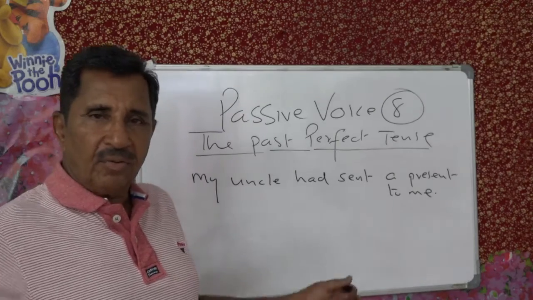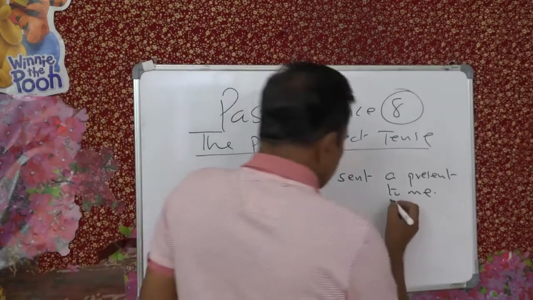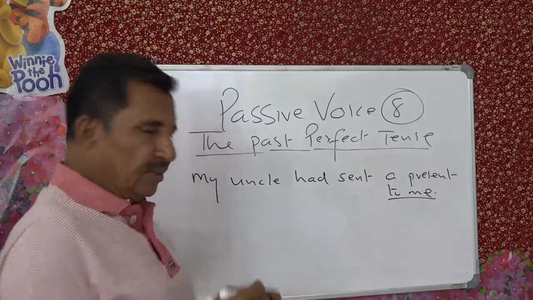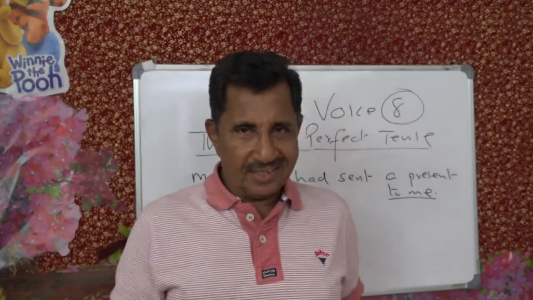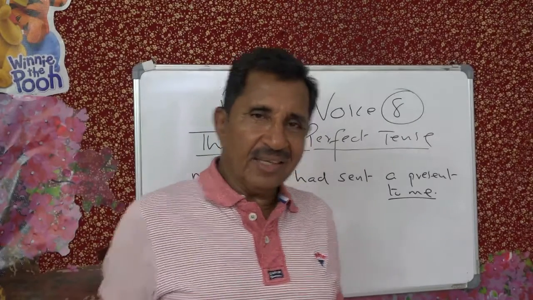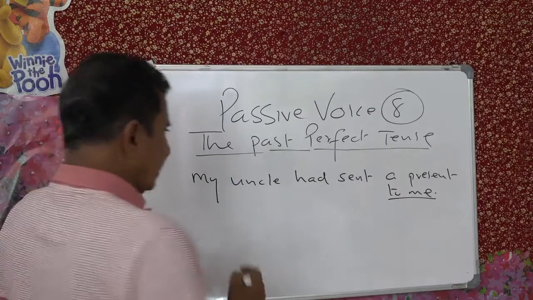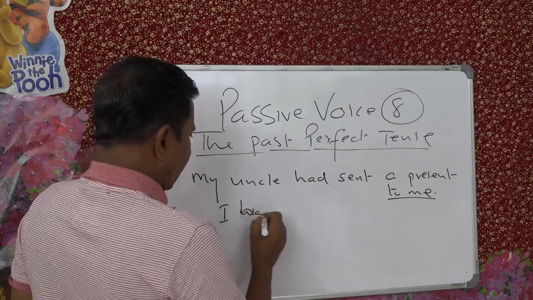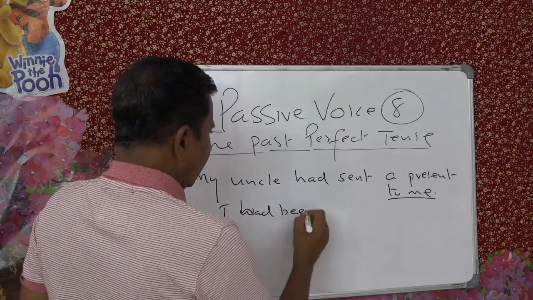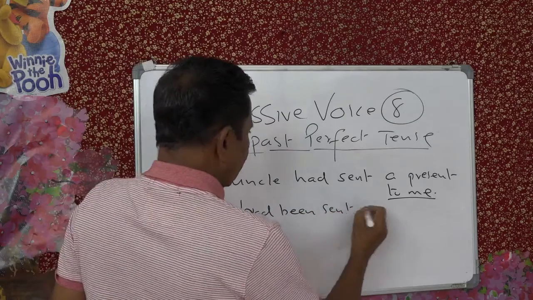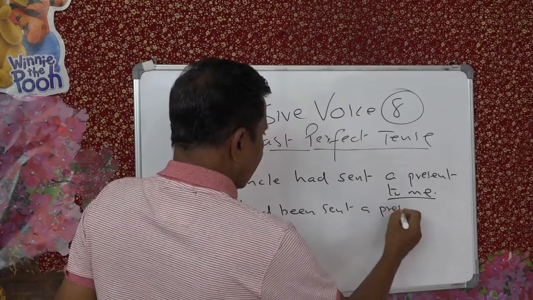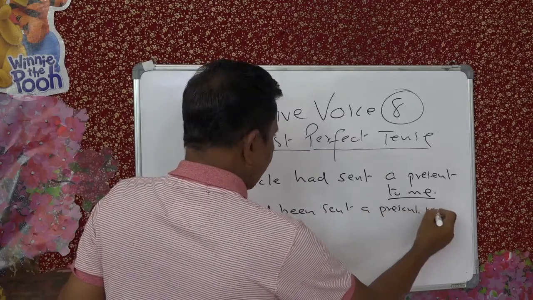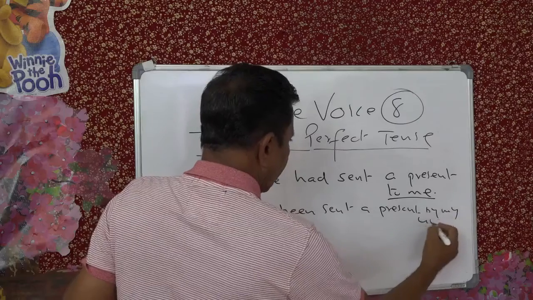In this case you have got options, but the majority of the grammarians say it's better to start with the personal object. So: I had been sent a present by my uncle.